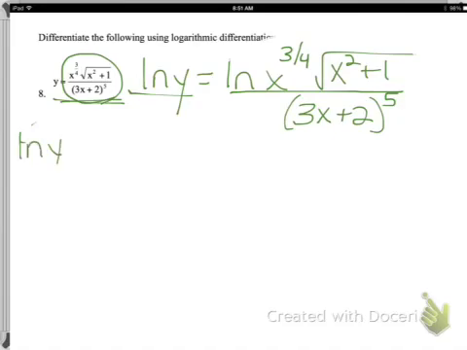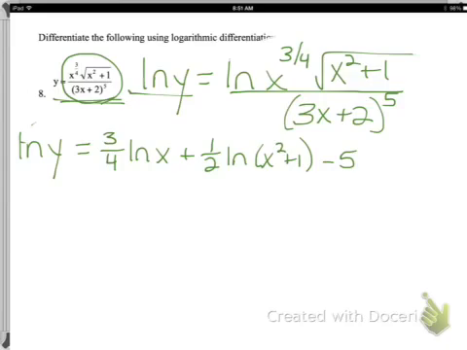So I'd have natural log of y equals, and then using your laws, you'd have 3/4 natural log of x plus 1/2 natural log of x squared plus 1 minus 5 times natural log of 3x plus 2. So that's using your laws of logs. Okay, I bring the power in front, and multiplication's addition, and division subtraction. Now I can go ahead and find the derivative of each term. So the derivative of natural log of y would be 1 over y times y prime.